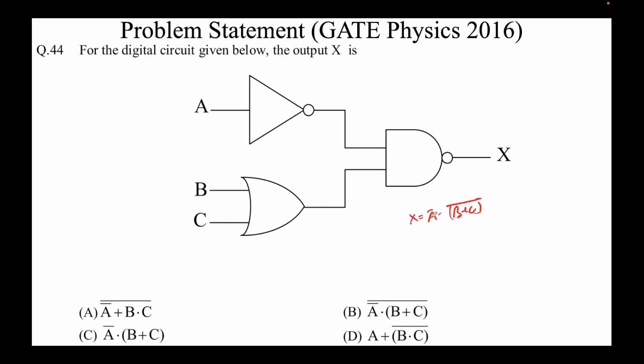This is the expression for X. And option B matches it exactly, A bar dot B plus C whole bar. So option B is the correct one. Thank you for listening.